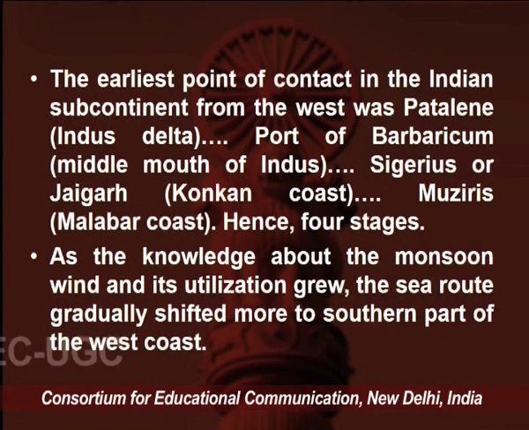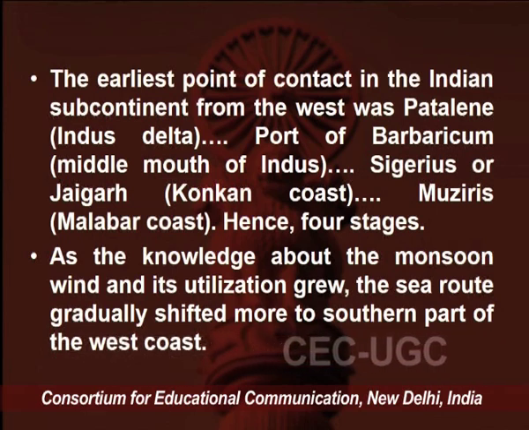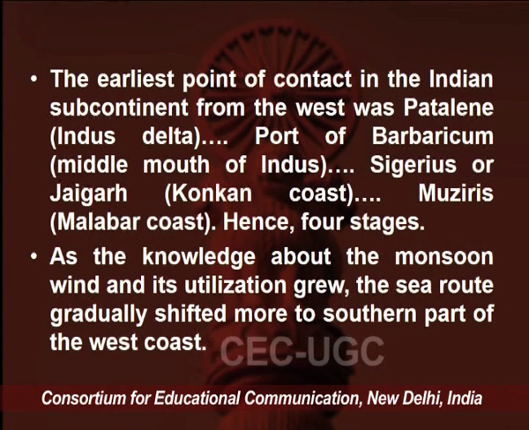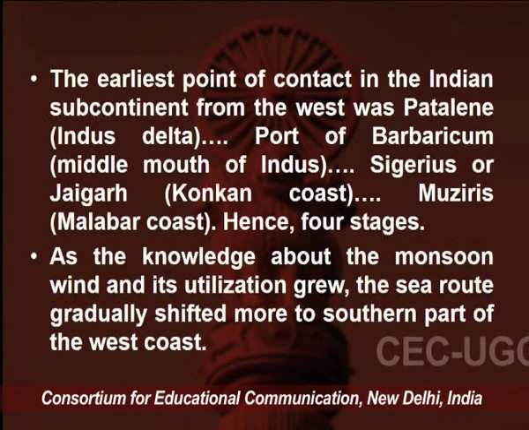And again, as you see, they are not taking a direct straight line route from Red Sea to Muziris, but they are following the coastline, which was the usual practice. And of course, the rhythm and direction of the monsoon wind could have been a factor for this, apart from the technological level of the ships or boats that they were using.